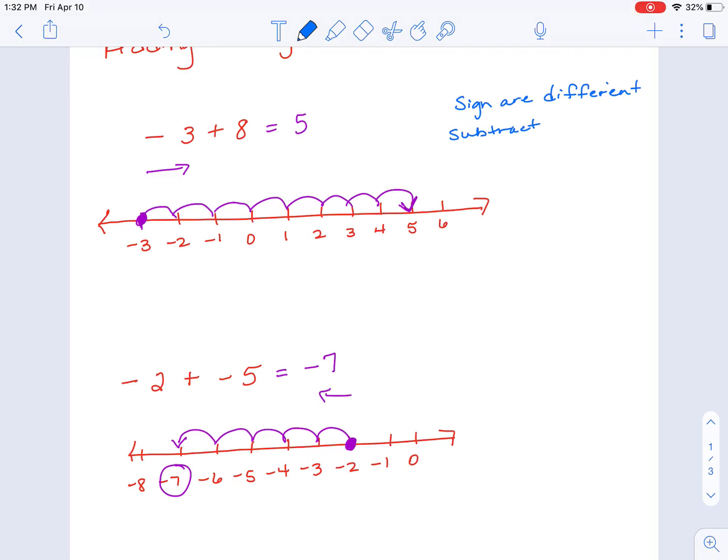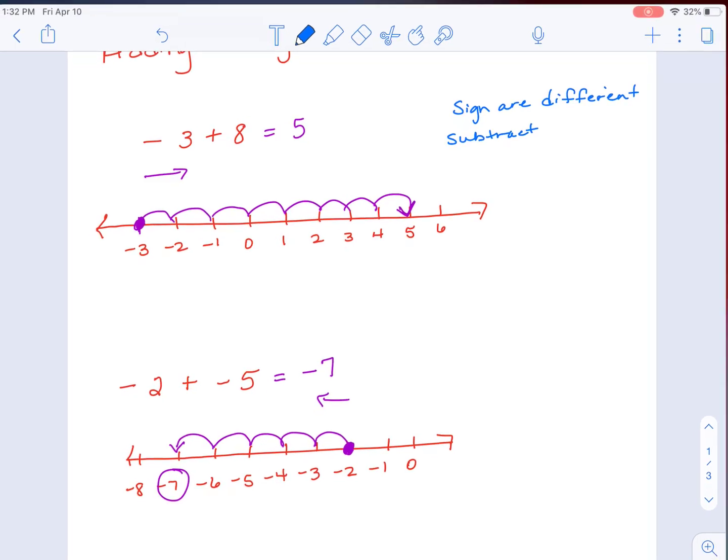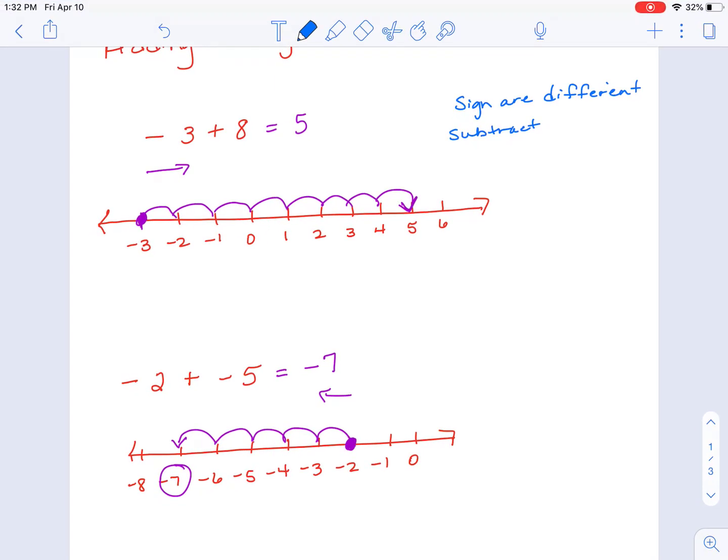And then what do you do about deciding if your answer is a positive or a negative? According to the rule, if your signs are different, you subtract and you take the sign of the greater absolute value. Now, usually they leave out that word absolute.